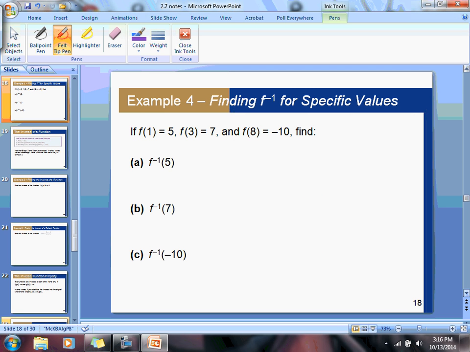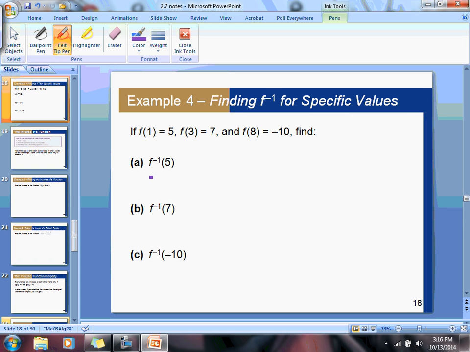So, in example 4 here, this is just to conceptually make sure we have a grasp of what this inverse is really asking us to do. We have three functions. We have f of 1, which gives us 5, f of 3, which gives us 7, and f of 8, which gives us -10. Now this could be all the same function, could be three different ones, doesn't matter.